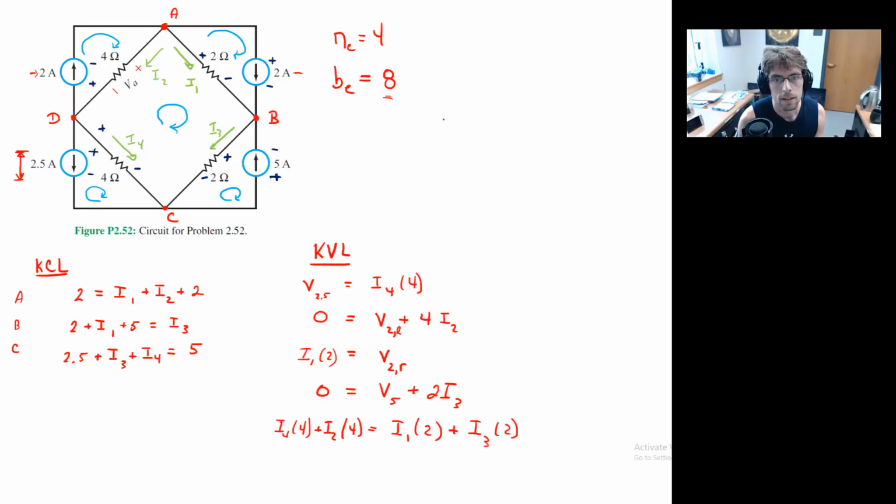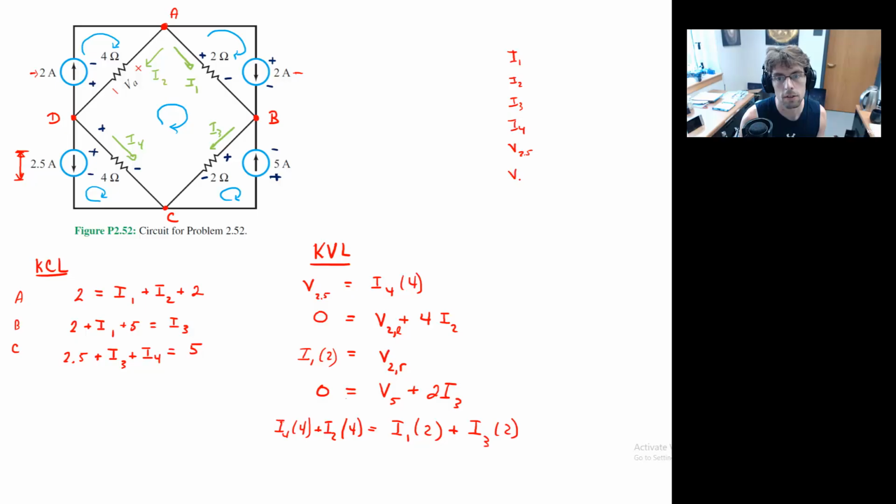So we'll go ahead and write down our coefficient matrix. So I'll use this top upper right spot. And again, what I'll do is I'll use I1, I2, I3, I4. Then I'll do the potential for the 2.5 amp source.